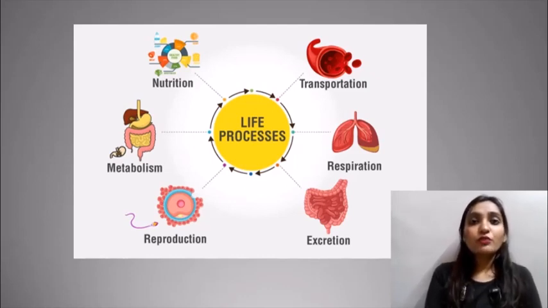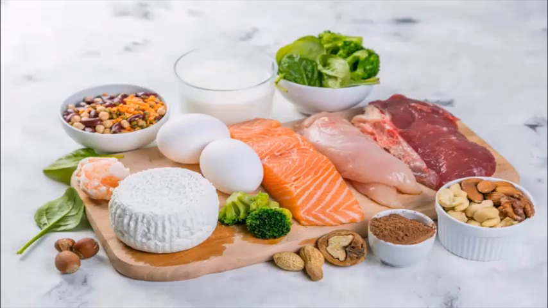In this video, we are going to learn about two life processes, that is respiration and cell division. So let's start. Overall in our body, different systems are present, and for these systems to work properly, we require a continuous source of energy.